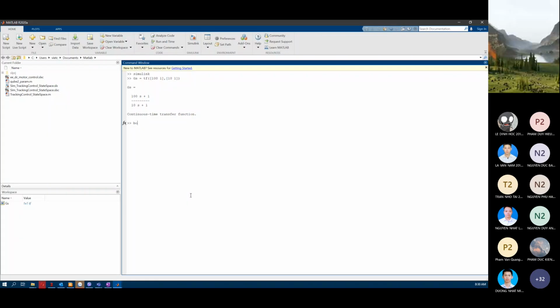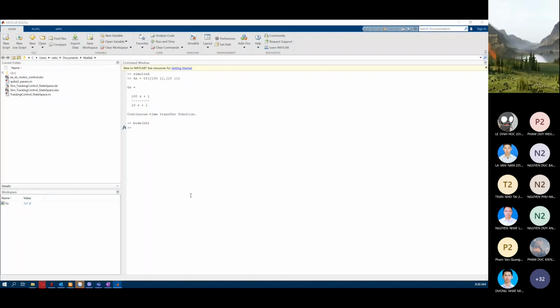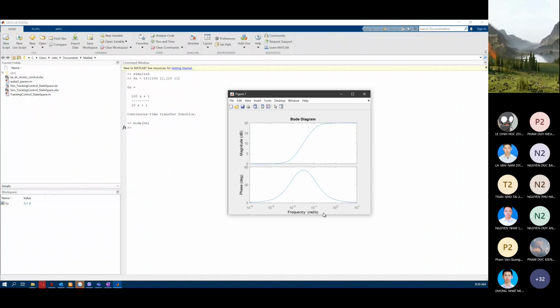And use the bode of G(s) in order to draw the Bode diagram. You see here, you see the same as we drew before by hand.